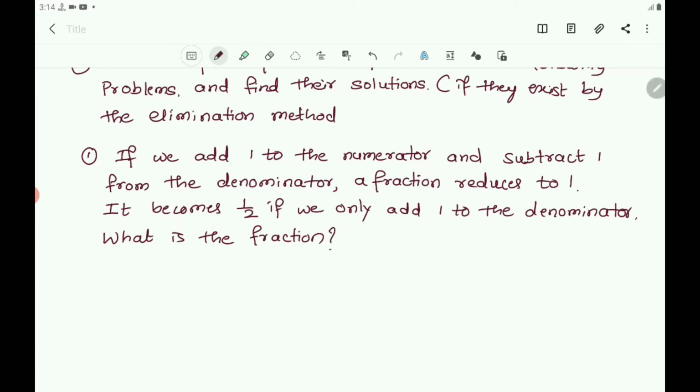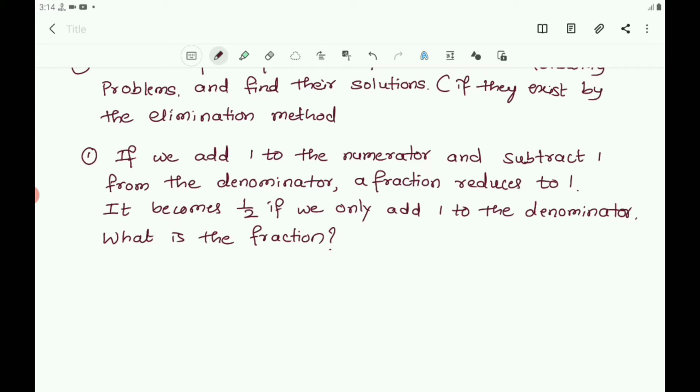Here there are two situations. In the first situation, 1 is added to the numerator and 1 is subtracted from the denominator, then the fraction reduces to 1. The second situation, only 1 is added to the denominator, then the fraction becomes 1 by 2.